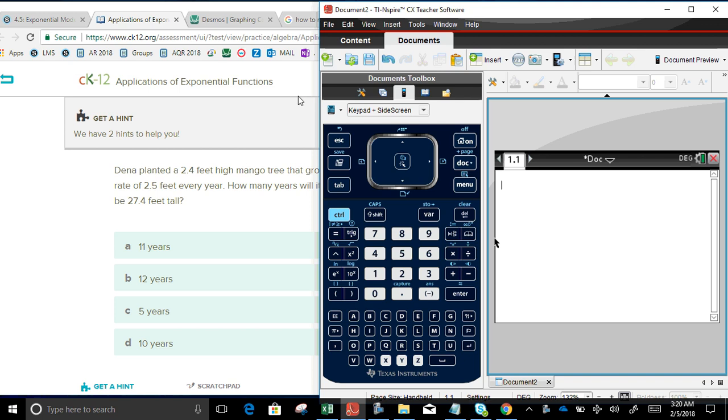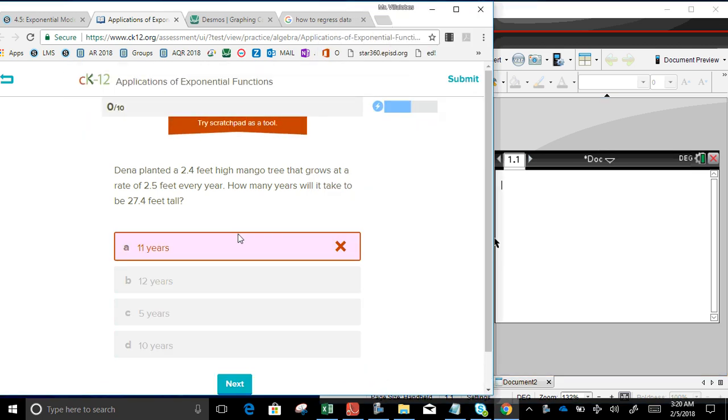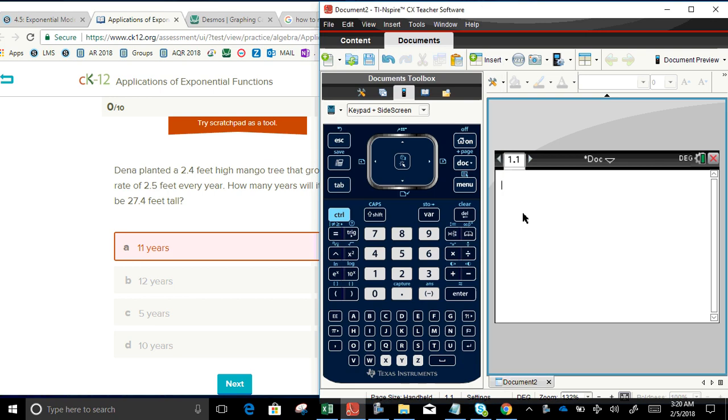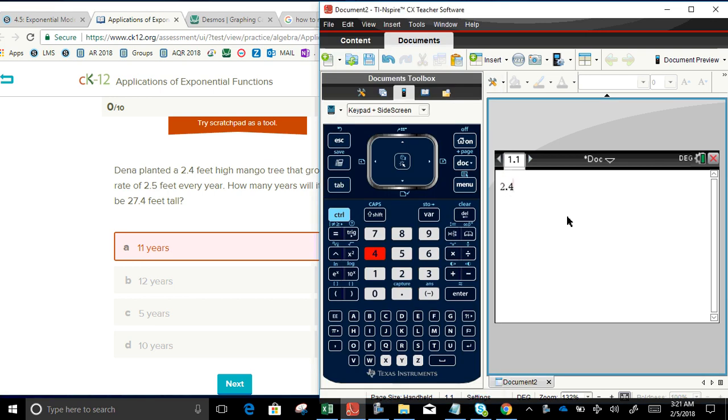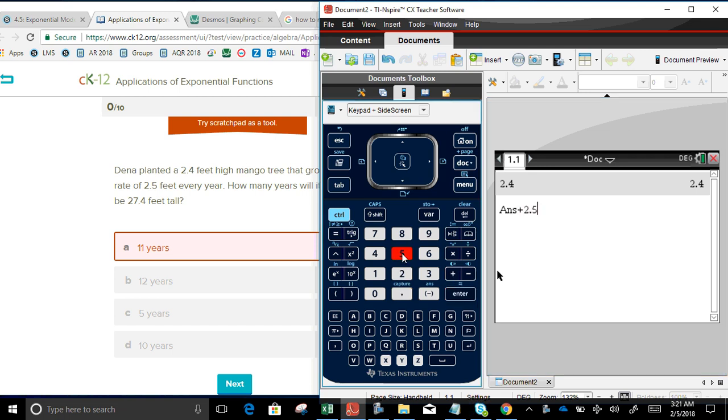Applications of exponential functions. Dina planted a 2.4 feet high mango tree and it grows at a rate of 2.5 feet a year. How many years will it take to be 27.5 feet tall? Well, it was 2.4 feet plus 2.5.